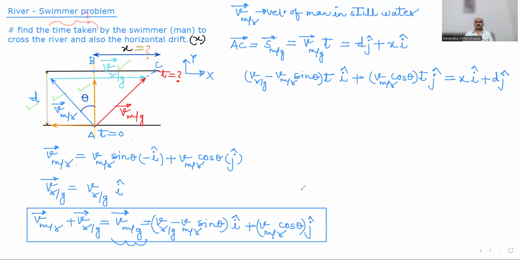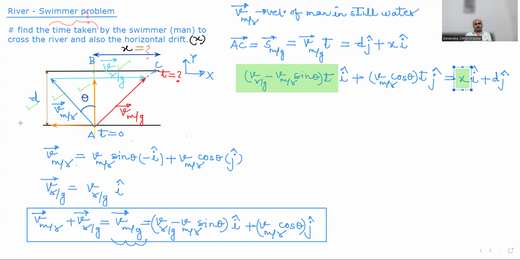Yes, sir. Anybody having any doubts in this? I have just simply substituted the values here. Speak up, children, any doubt? No, sir. Nice. Now, two vectors are equal only when their components are the same.